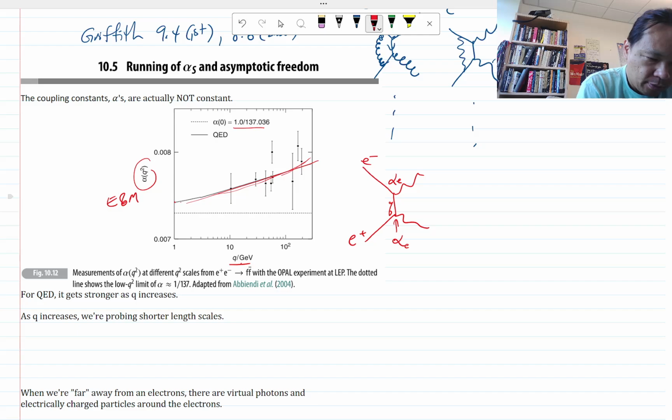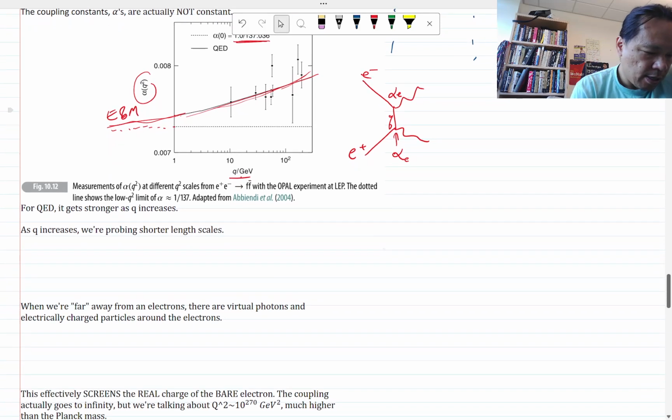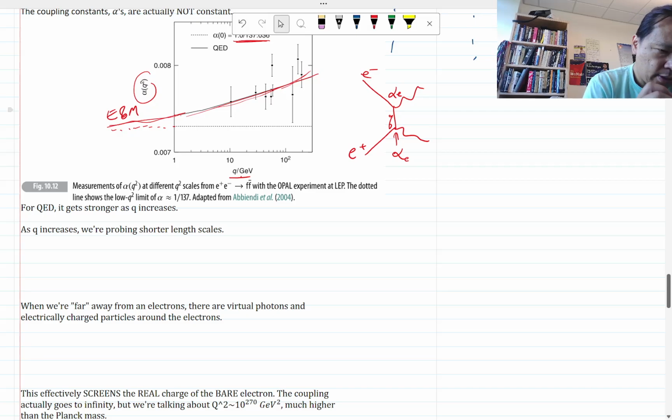In fact, this number that we've been using, 1 over 137, is actually a low energy limit. It approaches this number at very low energy. So why does this happen? One of the things we talked about last chapter was probing inside a proton. As Q increases, you're probing things at a shorter and shorter wavelength.